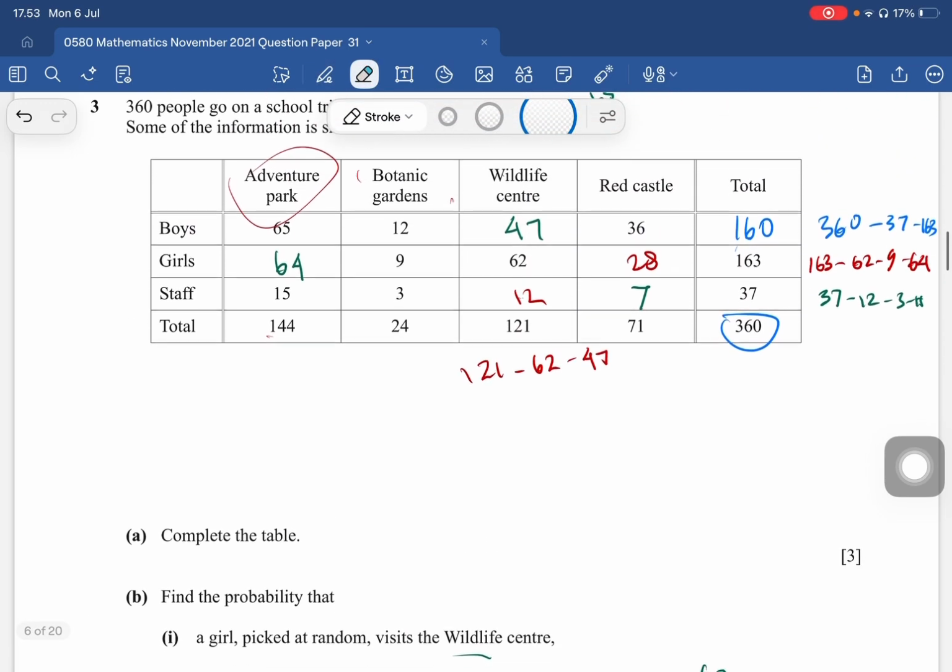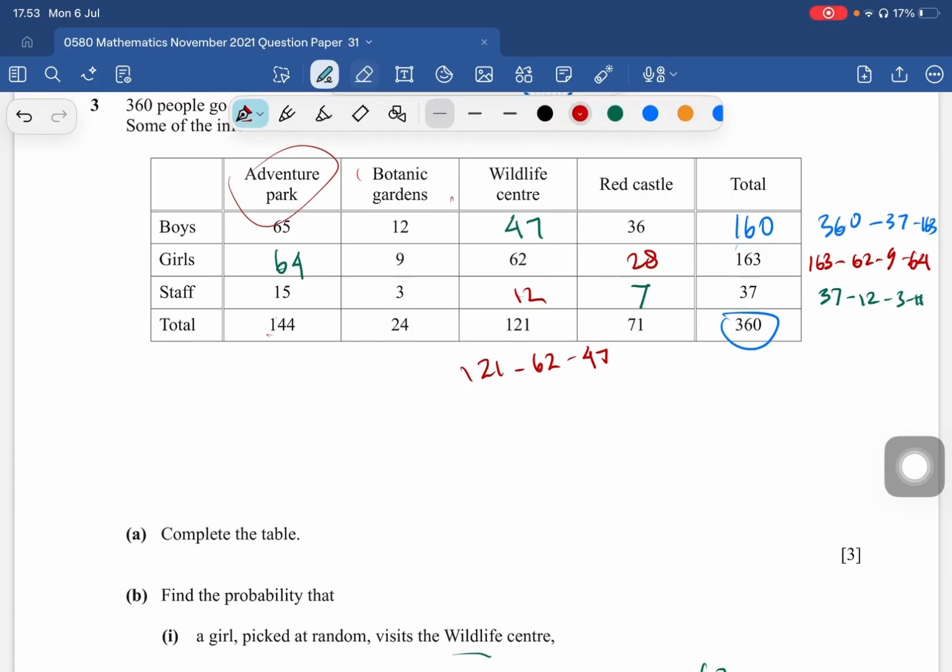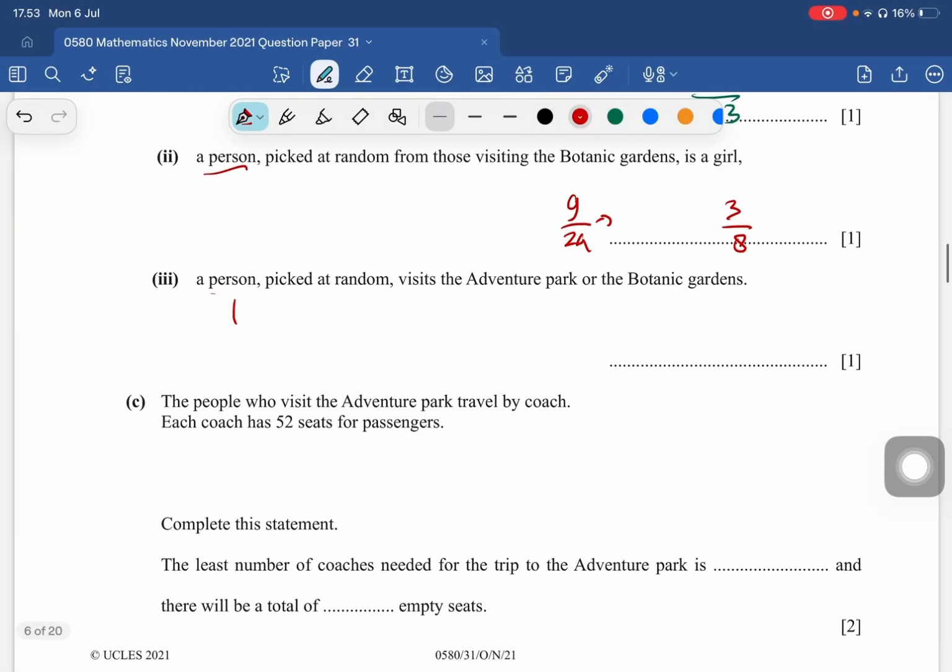So adventure park and botanic garden. Adventure park is 144 of the total students 360. Botanic is 24 of the total 360. So 144 over 360, then plus 24 over 360. So here is 360, the same denominator.